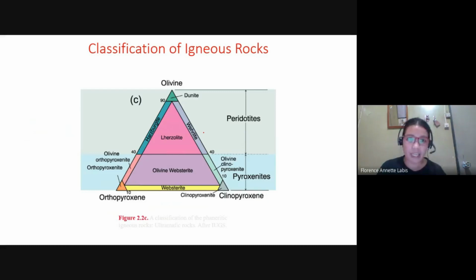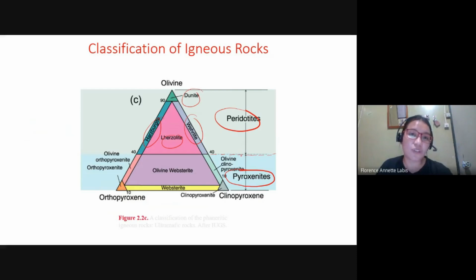For the peridotites, this is the ternary diagram that we usually use. You're going to ask me, ma'am, why is there a distinction? Basically, these rocks here are classified as peridotites, while anything below lherzolite would be associated as pyroxenites.